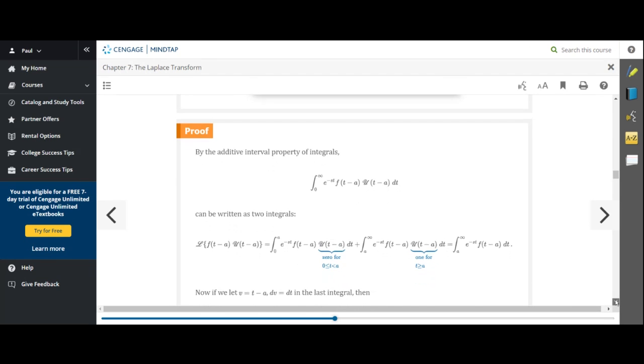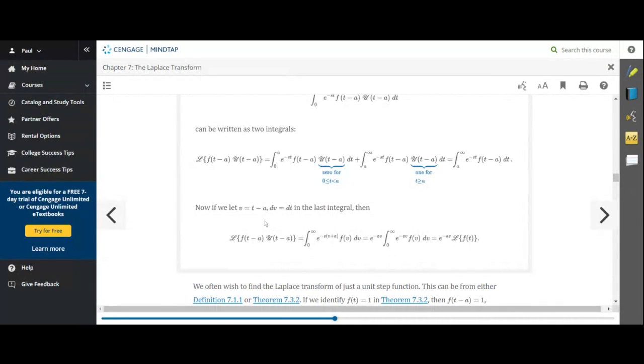Now you can do a substitution. In that last integral, let v equal t minus a, then dv equals dt, and you can write that integral as the integral from 0 to infinity, because the a becomes 0 since v equals t minus a. Infinity just stays infinity.